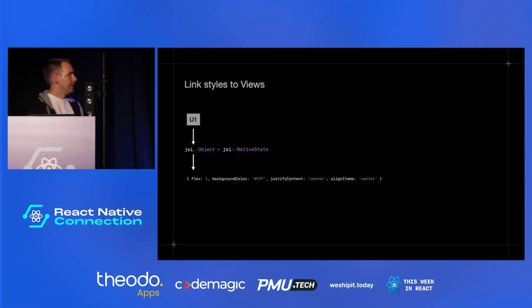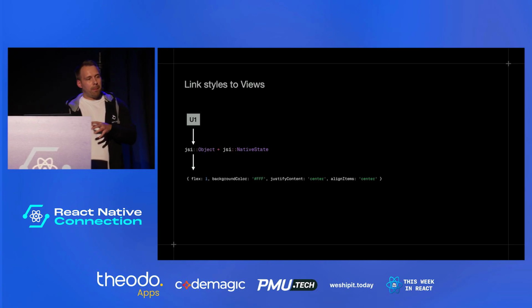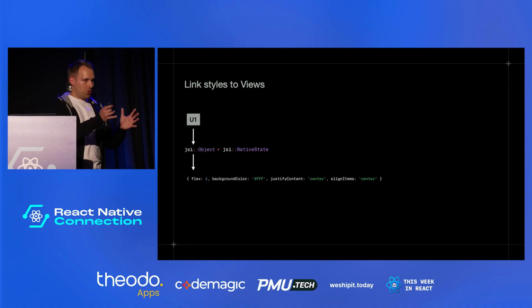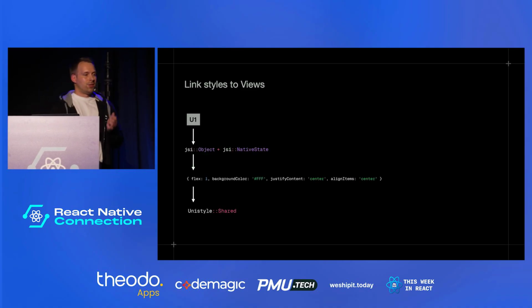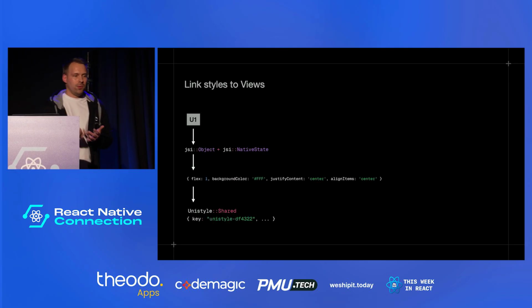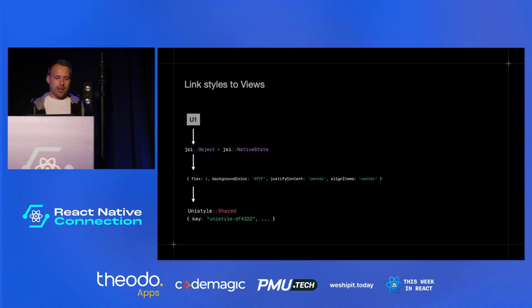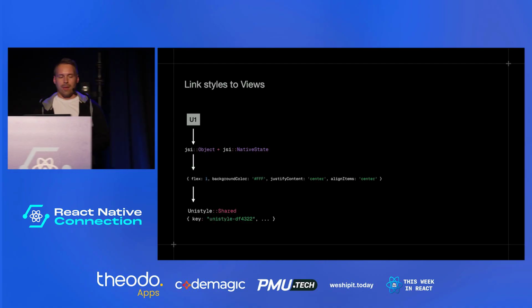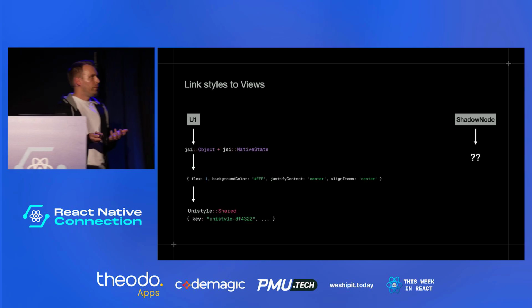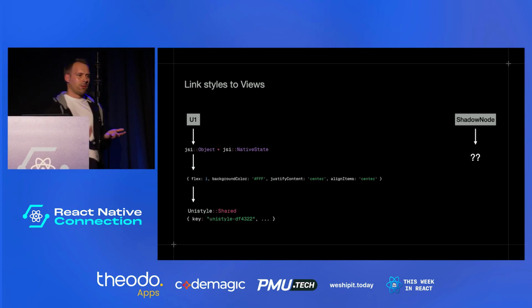There is a JSI native state. So if we bring back this Unistyle from JavaScript to C++, I can deduct the key or ID of this Unistyle. I can convert it back to my C++ shared pointer Unistyle. So that's why we need this JSI native state. And I guess we need to do the same with the shadow nodes. But where can we find shadow nodes?